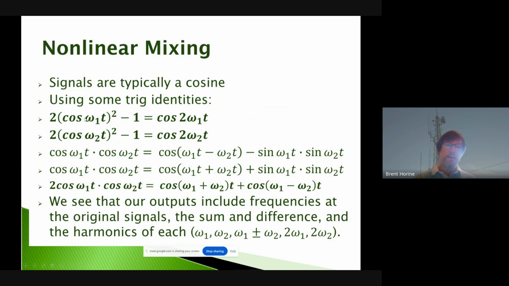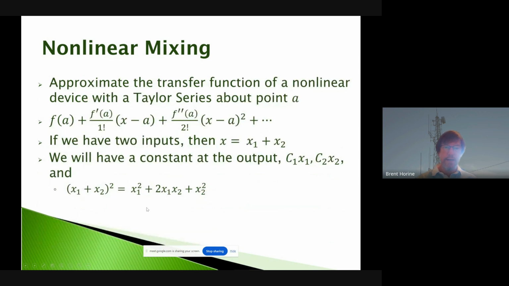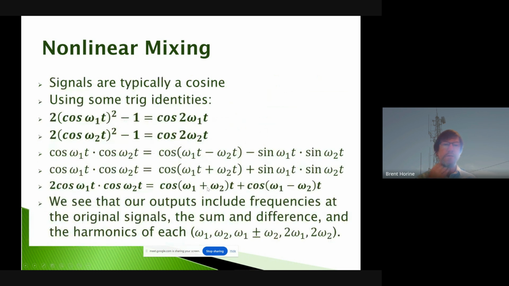Now, if we take that signal and we square it, so here we have this x1 squared, x2 squared, and so on, then if we square those and apply this common trig identity, we're going to see a signal that has twice the original frequency.